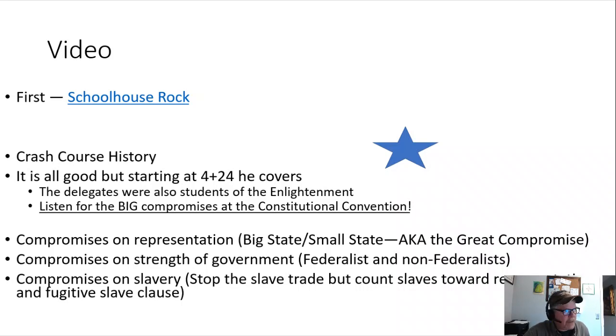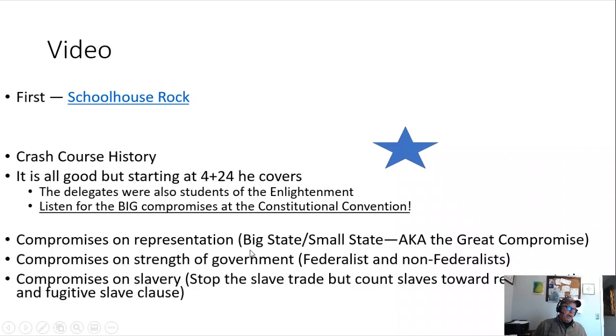And there's a lot of contentious issues in there. Big state, small state, the issue of slavery, the issue of federalist, anti-federalist, big or small government. So they had to work these out to get enough of the states to sign on to it, right? And so watch through it, the big compromises. And in class we would, so instead I just listed them down here.